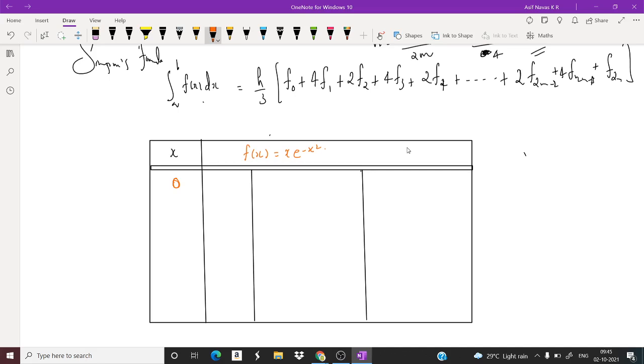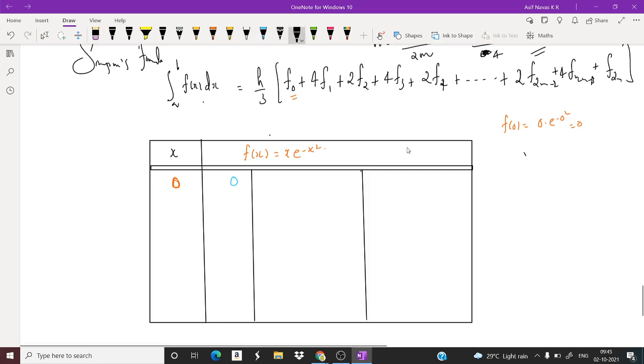So 0, and for the first value I am writing here, because f of x is f naught. F naught is f of 0, that is 0 times e raised to minus 0 square, so 0. So the value is 0.